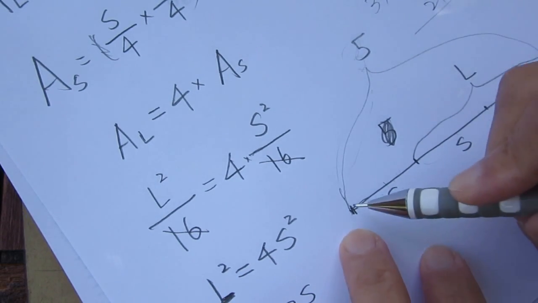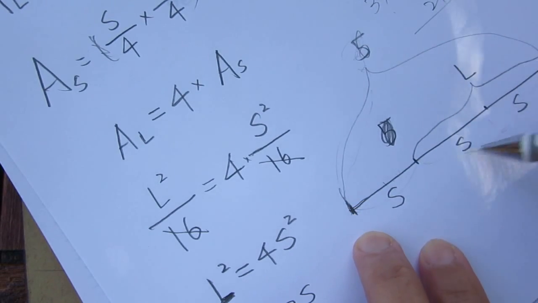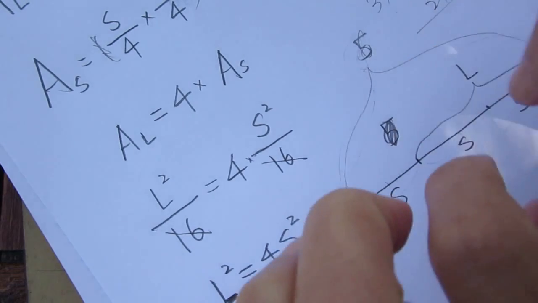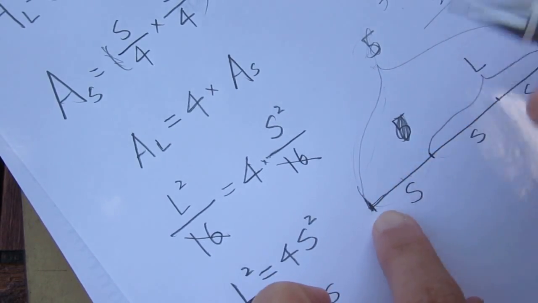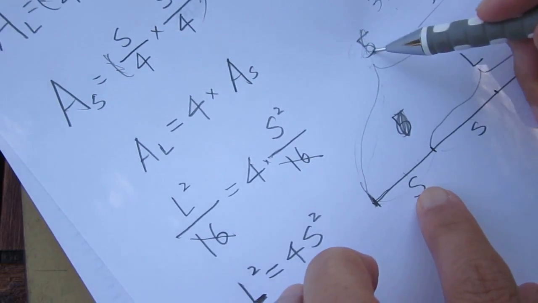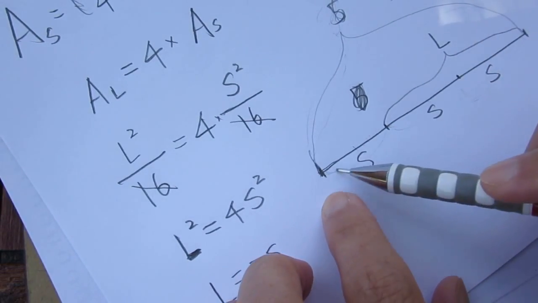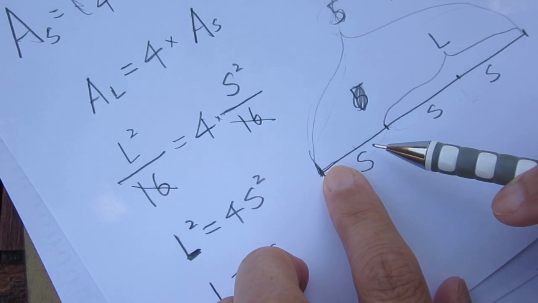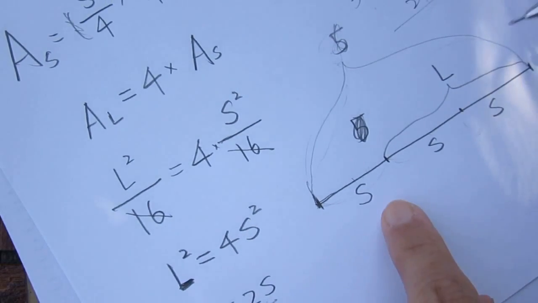Imagine if the wire is 6 centimeters. The formula does not change. If the longer wire bent into a square is 4 times the shorter wire, we will always know that the length of the longer wire is 2 times the length of the shorter wire. Right? Yeah, I think that makes sense.